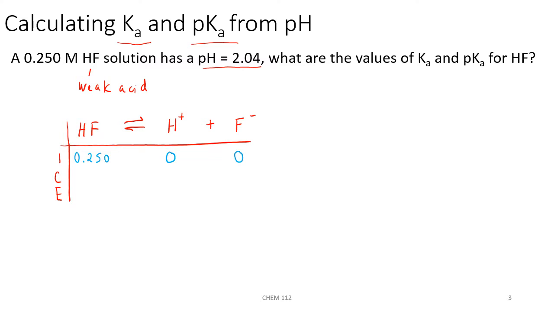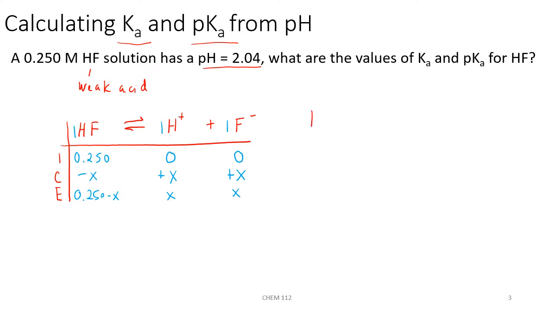Hydrofluoric acid will dissociate or ionize to some extent, and we call that change minus X. Everything in this reaction has a 1-to-1-to-1 stoichiometric relationship. So when hydrogen ion forms, it'll form in the ratio of plus X, and fluoride will be the same, plus X. So our equilibrium line would be 0.250 minus X, hydrogen would be X, and fluoride would be X.